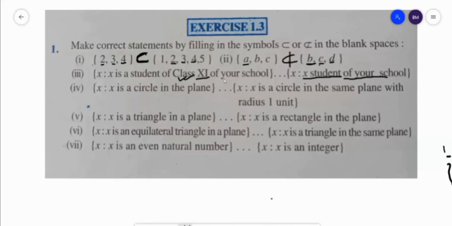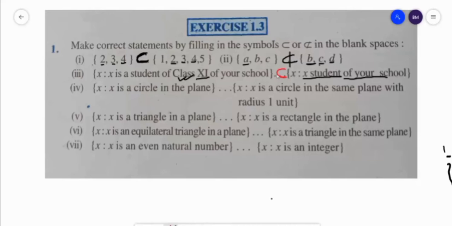That implies all students of class 11 belong to this collection. Therefore, the first set is a subset of the set of all students.